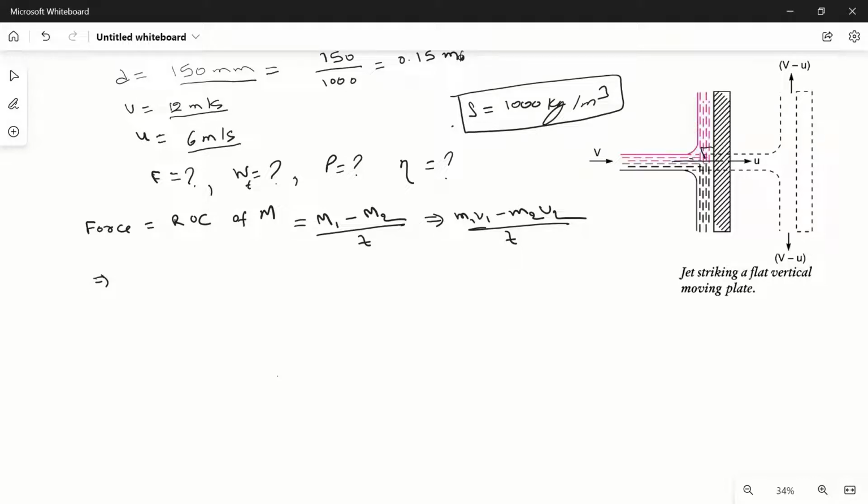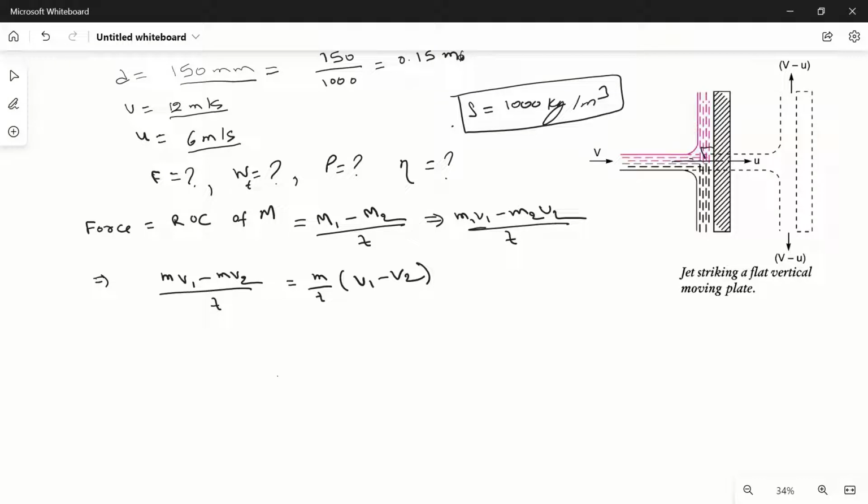Now m1 and m2 are constant because the mass flow rate is constant and there is no loss of mass on this plate. So the mass coming onto the plate and going out of the plate are the same. So m1 is equal to m2 is equal to m. So m v1 minus m v2 divided by time, this is (m by t)(v1 minus v2).